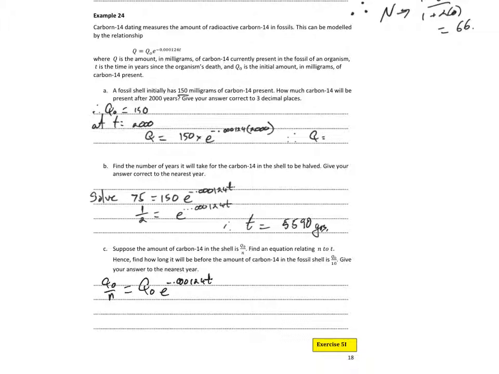Hence, find an equation relating N to t. Well, obviously our Q naughts cancel. So I get 1 on N is equal to e to the negative 0.000124t. If I flip both of them up, N will equal e to the positive 0.000124t. So there's a relationship between N and t.